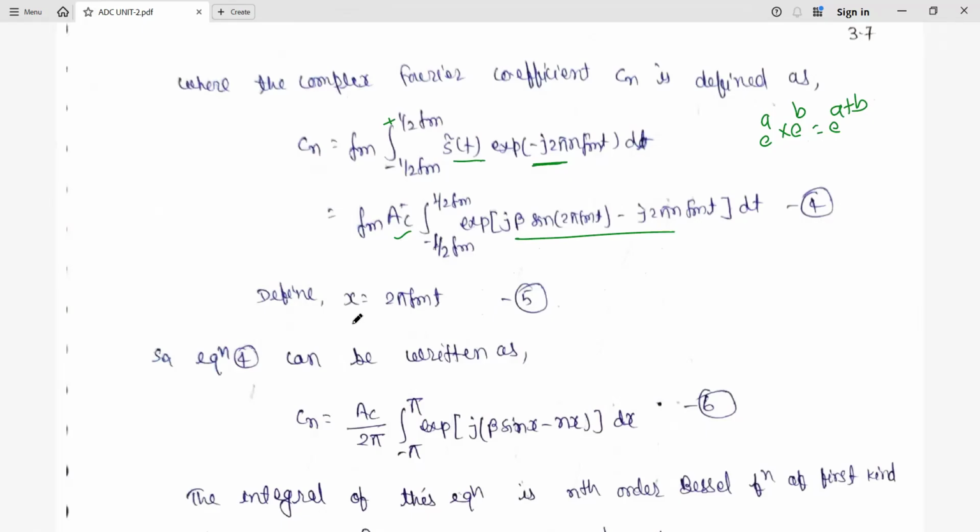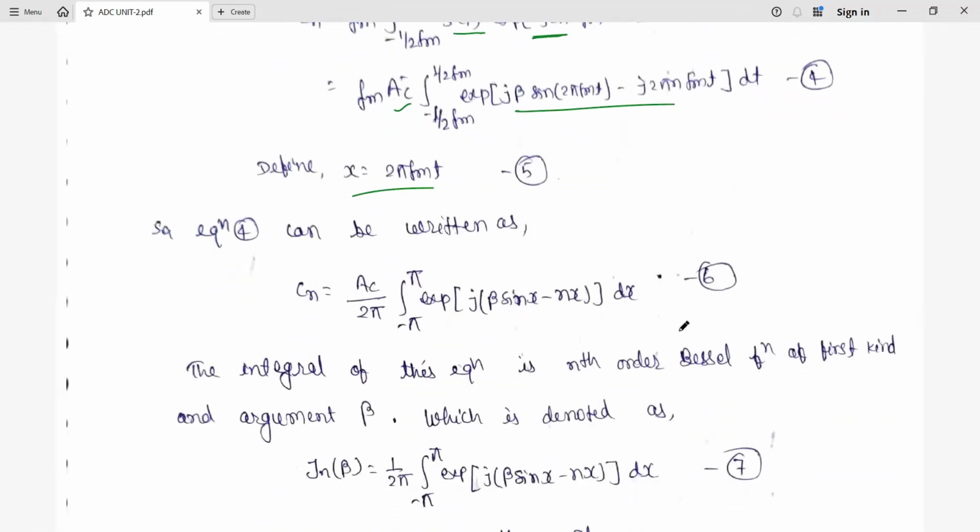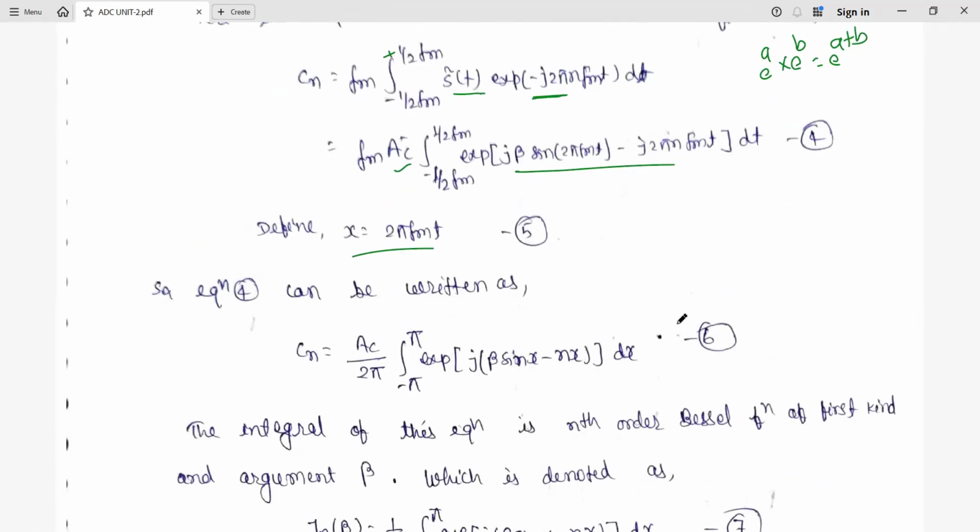Now we are going to take x as 2 pi fmt. On the basis of this, equation 4 can be written in simplified form. It is a function of time here. Taking dx by dt of this, we get 2 pi fm. So dt becomes dx upon 2 pi fm.